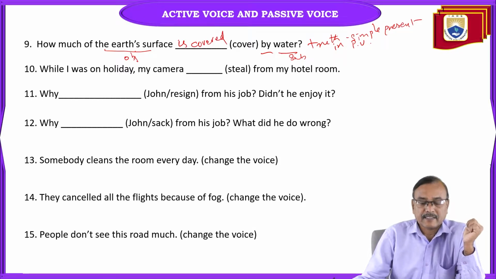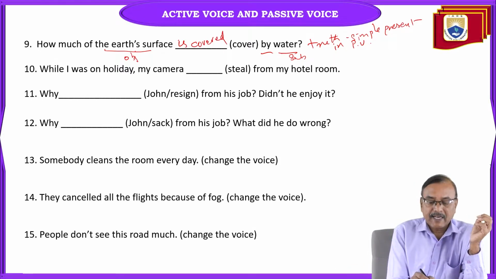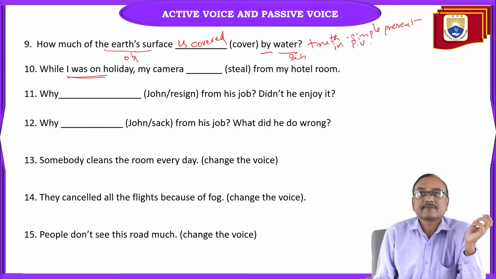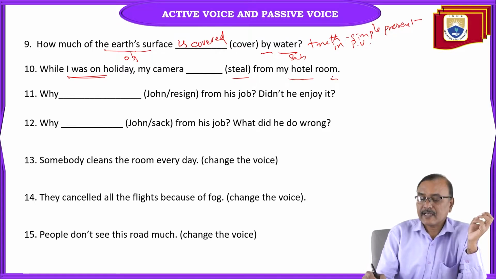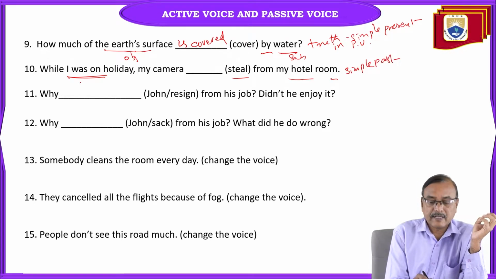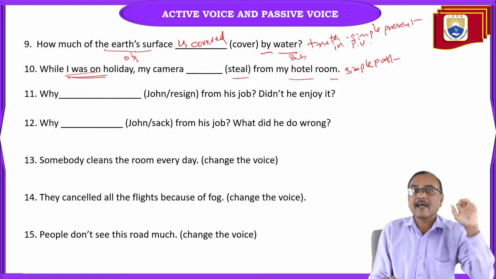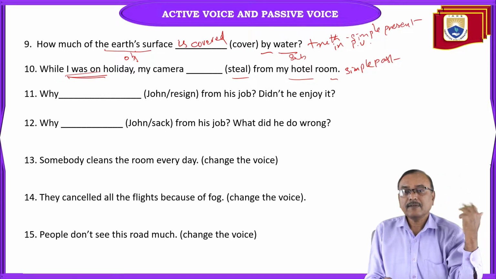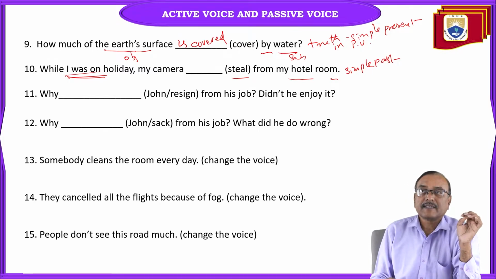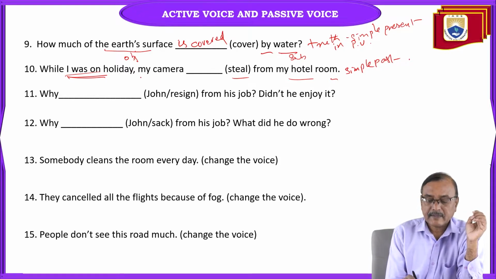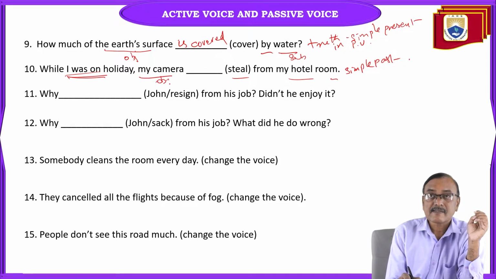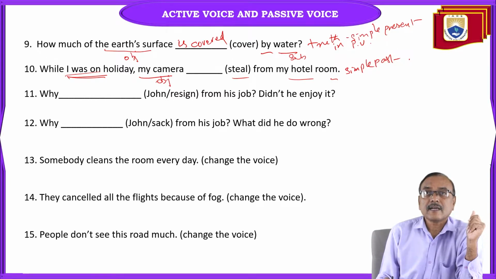Right? Next. While I was on holiday, past tense, my camera dash steal from my hotel room. Simple past. How can you identify? While I was on holiday, you know it is past time. Simple past. Is it in active voice or passive voice? Passive voice. My camera, this is the object.